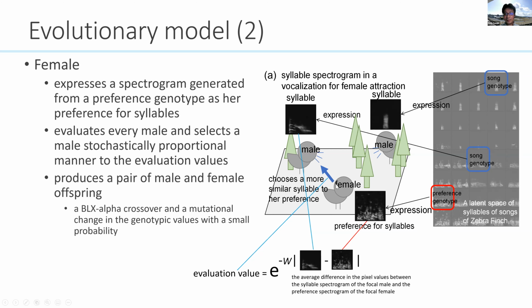So basically, this female chooses a syllable more similar to her preference. In this case, this female might choose this one. And after this choosing process, this female produces a pair of male and female offspring. This is based on the standard crossover and mutation operations.